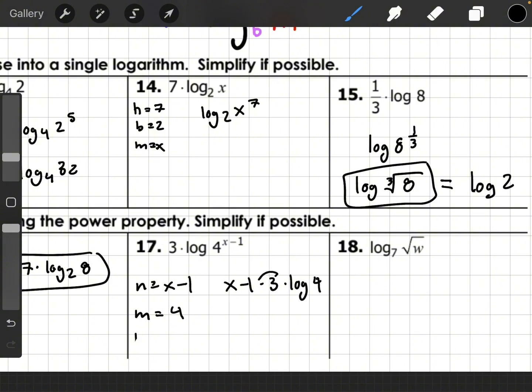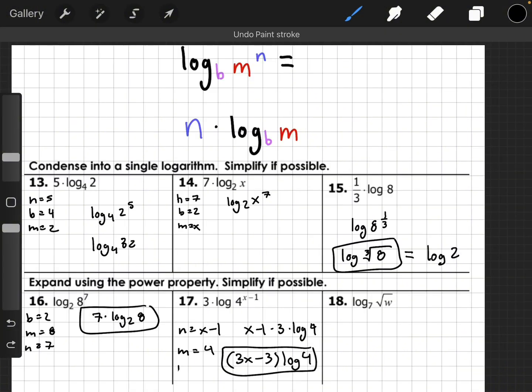We can distribute this, so we have 3x minus 3 times log base 10 of 4. We can rewrite as log base 7 of w to the power of 1/2. So now we can rewrite as 1/2 times log base 7 of w.